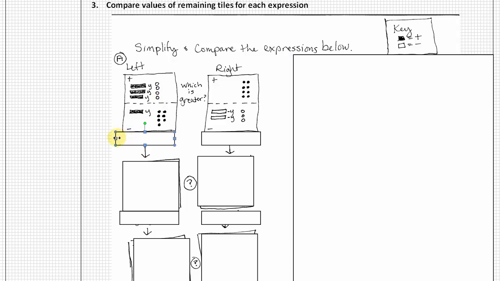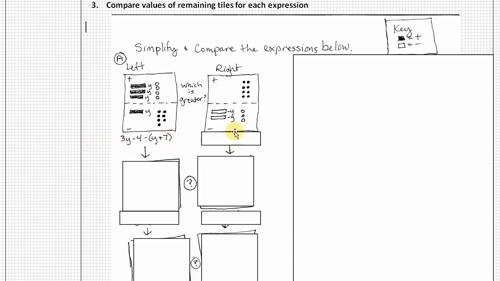So I started my expression with those terms, positive 3y minus 4. And then, down in the lower region, using a subtraction sign and a set of parentheses, I see a y plus 7. And that is how we would write the expression.